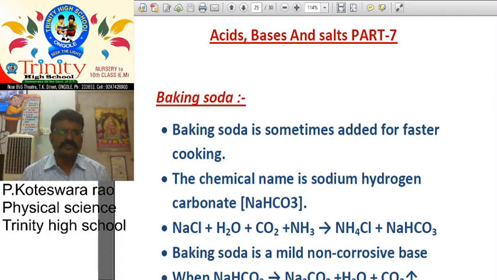NaHCO3 means sodium bicarbonate. So our baking soda formula is here, sodium bicarbonate. So we extracted sodium bicarbonate from NaCl, water, CO2 and ammonia.